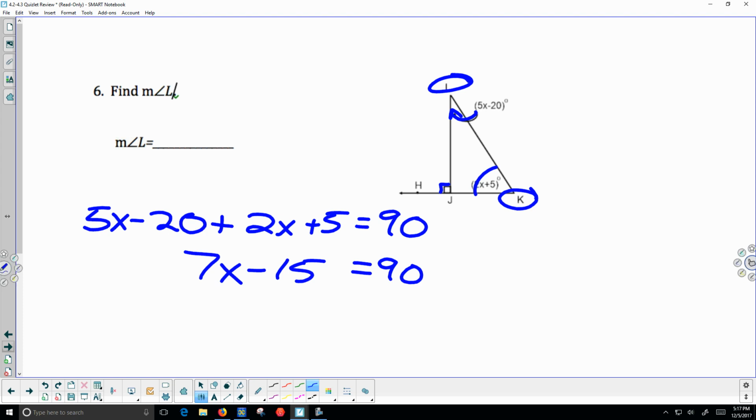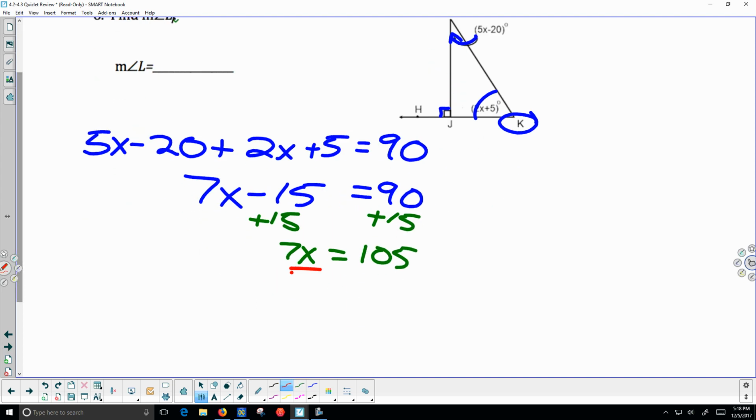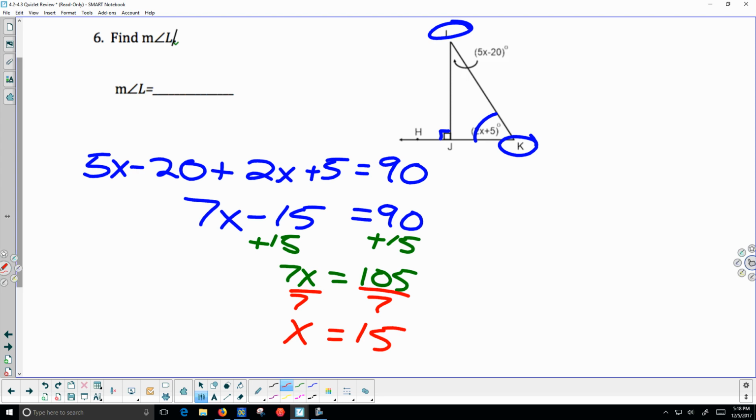Then I'm going to, let's see, change color, add 15 to both sides. I've got 7x equals 105. I am then going to divide by 7, x equals 15. But once again, that's not the answer we want. We want to find the measure of angle W, which I believe if I scroll back up, is this guy right here, angle W. So I'm going to take my x equals 15 and plug it in right here.